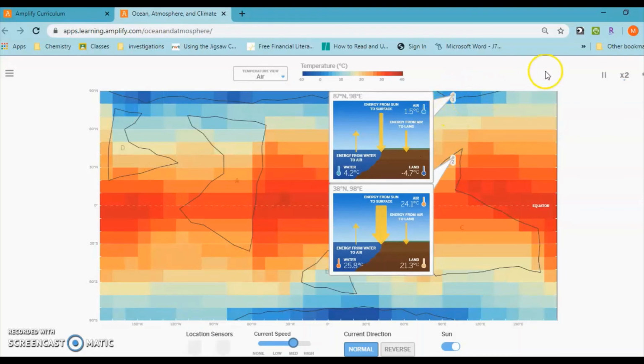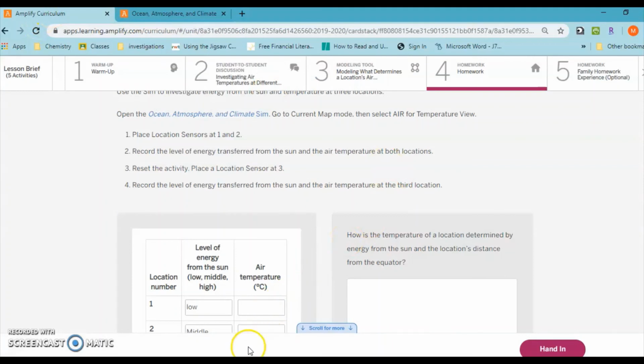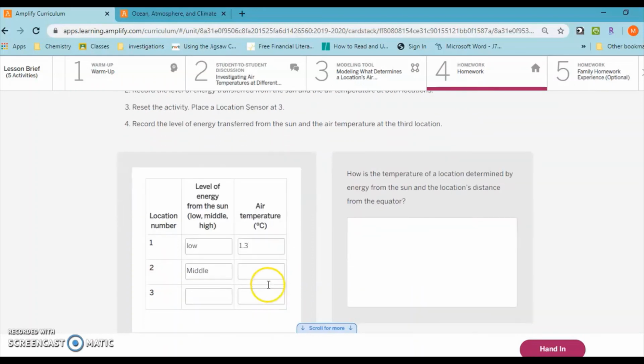It goes up a little, it goes back down. And then for here, it's at 24, stable. So I'm going to write my 1.3. I'm going to write my 24. And then I want you guys to tell me what you see here with 3.